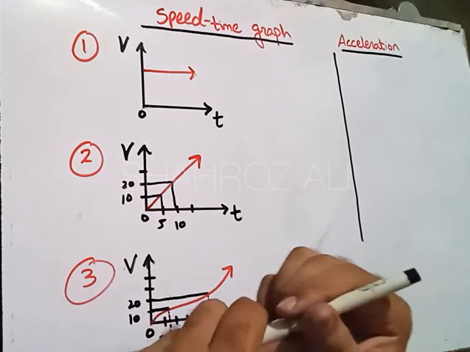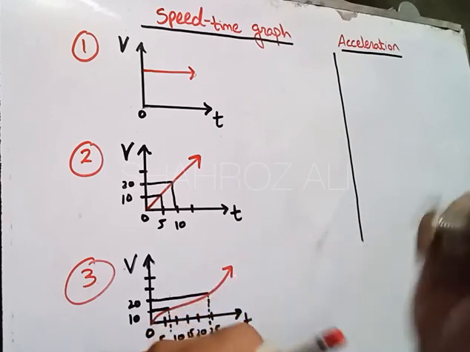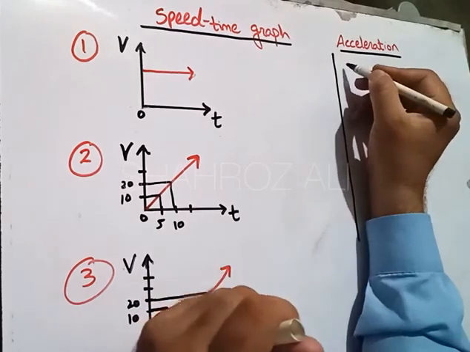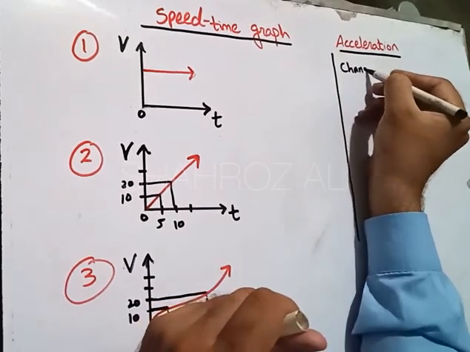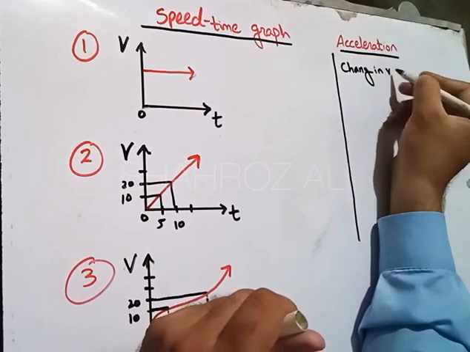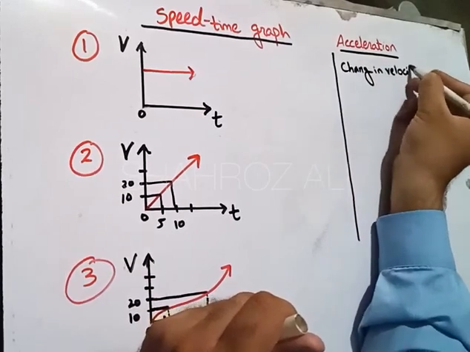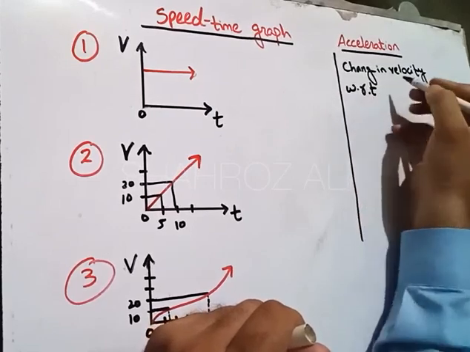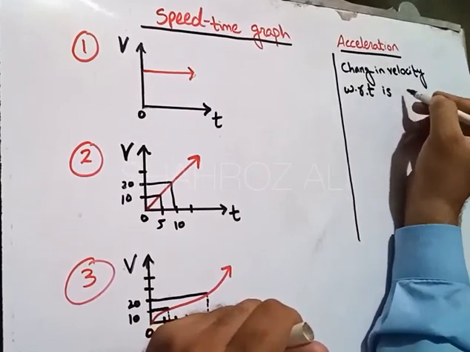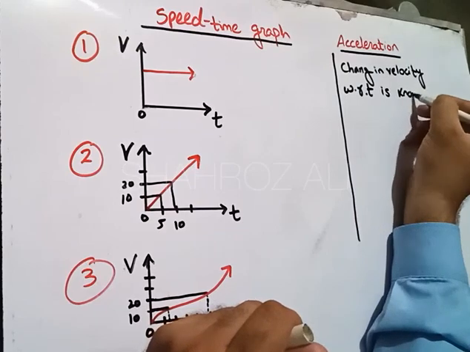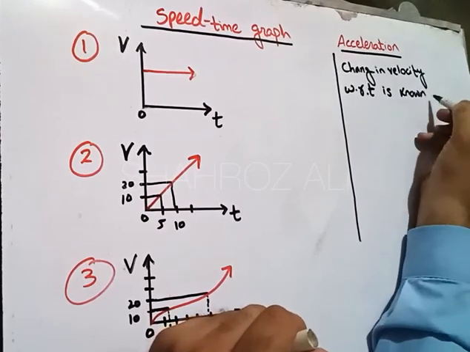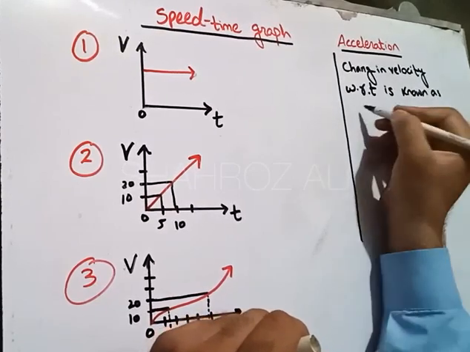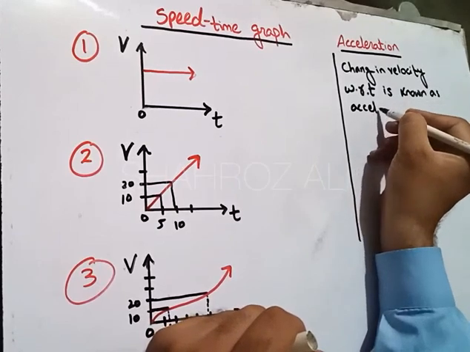Acceleration is basically the change in velocity with respect to the time. So I'm just simply defining it. Change in velocity or speed, you can say, change in velocity with respect to the time is known as acceleration.